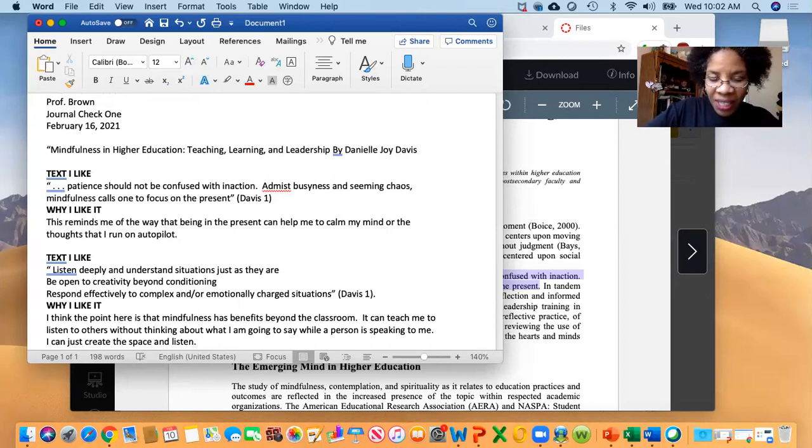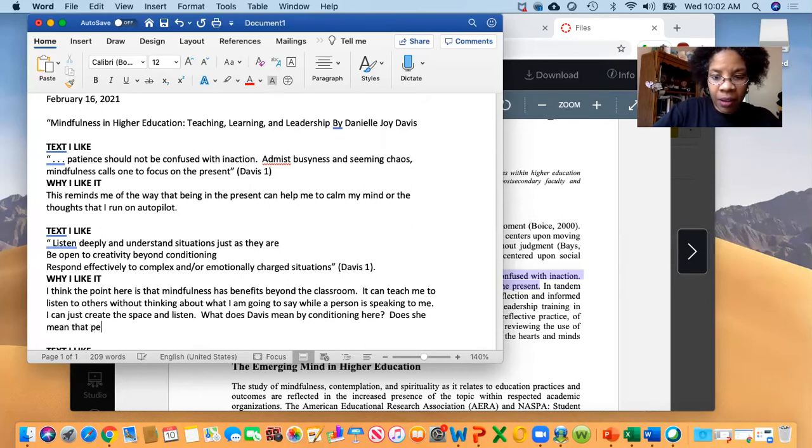So, wow, what does that conditioning mean? So I'm going to say this. What does Davis mean by conditioning here? Does she mean that people have programmed thoughts in their minds, right?